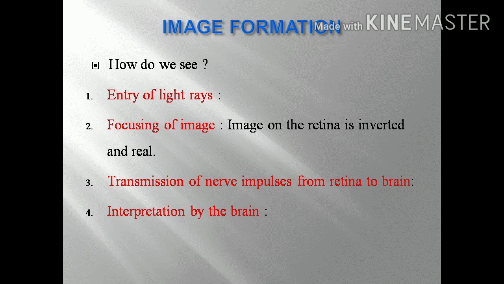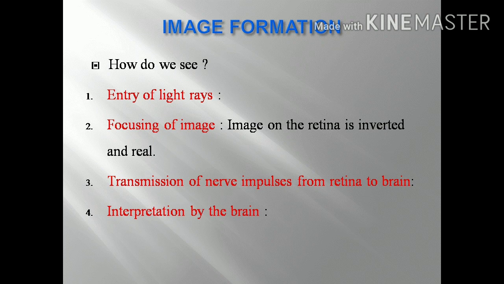Next is interpretation by the brain. When the brain receives this inverted and real image, it analyzes the image and gives us an upright image. Our brain interprets the image in many ways. When it becomes an upright image, then we can see that object.